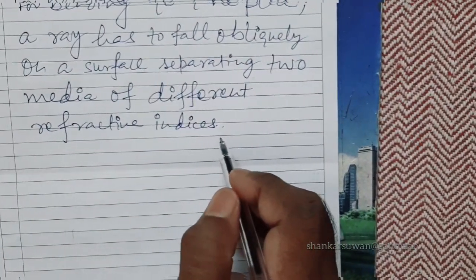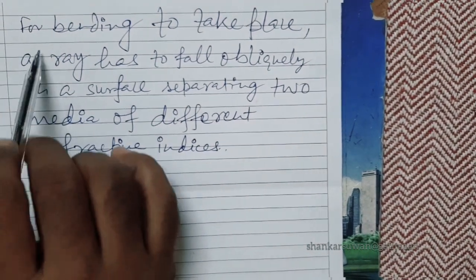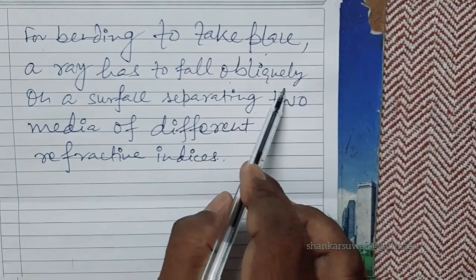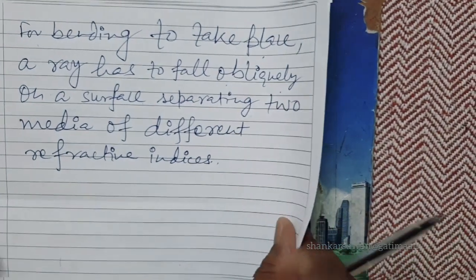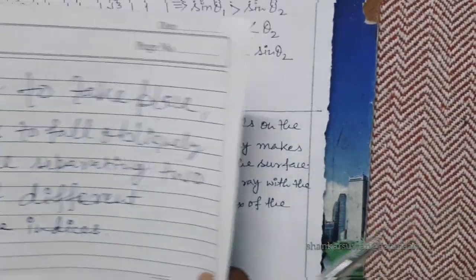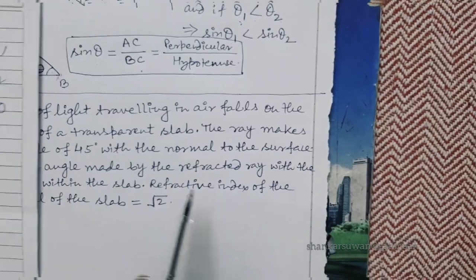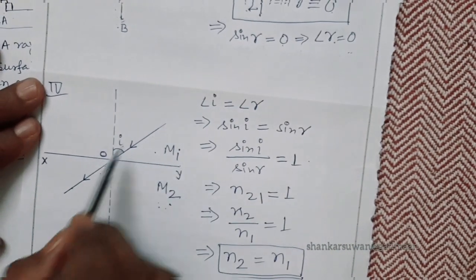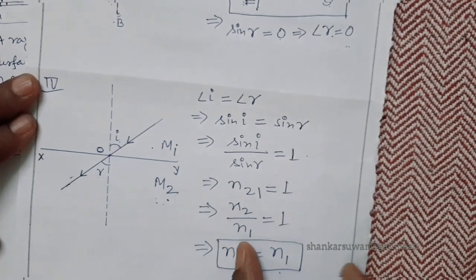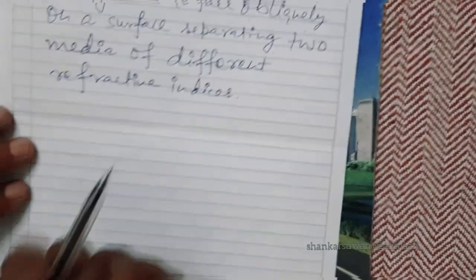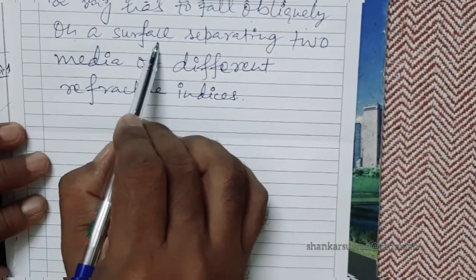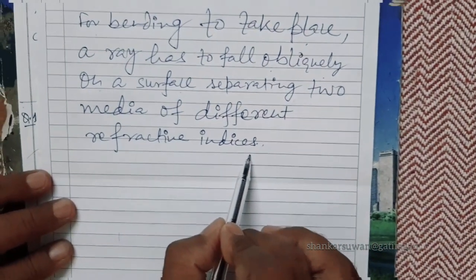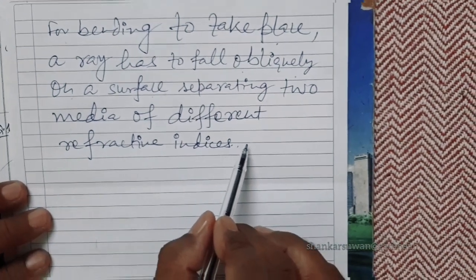So you have to understand, for bending to take place, a ray has to fall obliquely. Obliquely means having a certain slope like this. This is oblique, on a surface separating two media of different refractive indices. Otherwise, what will happen?